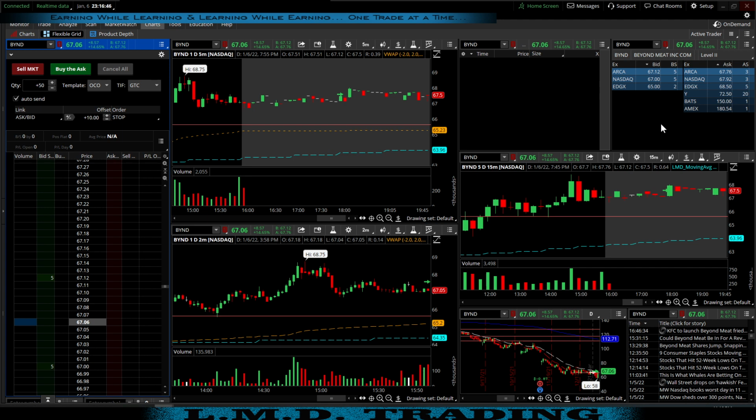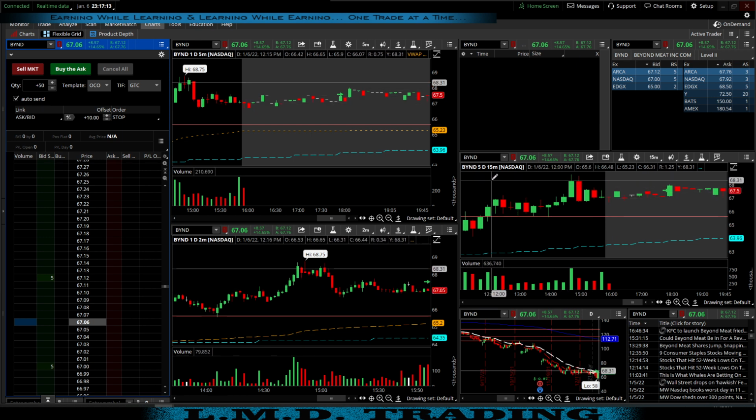This is actually important when I have this active trader switched over to options, because this one is going to be showing me the level 2 for the option, but I still want to see what the stock is doing, and that's where this level 2 would come into play.